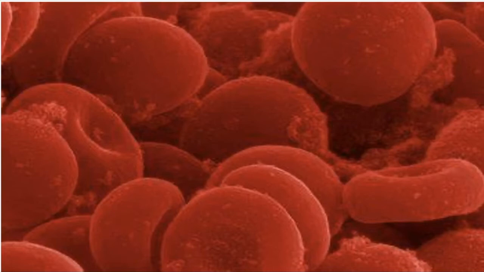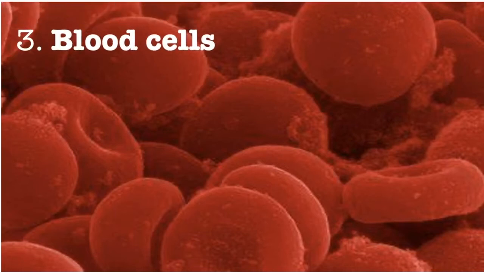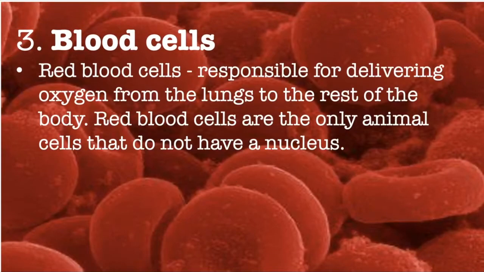It is blood cells. Blood cells can be split into red and white blood cells. Red blood cells make up around 99.9% of all blood cells and are responsible for delivering oxygen from the lungs to the rest of the body.